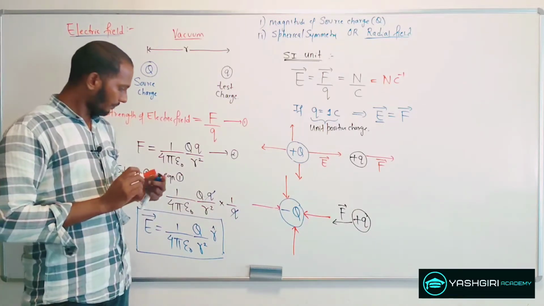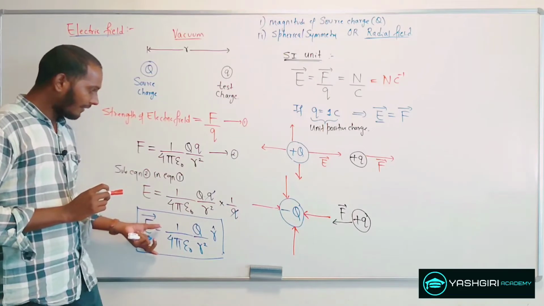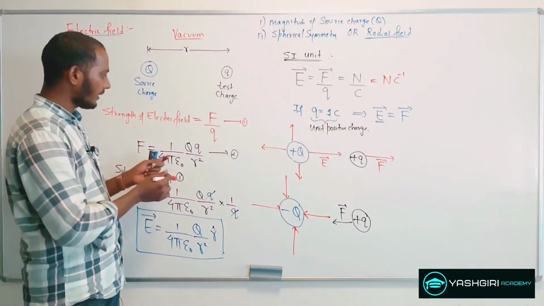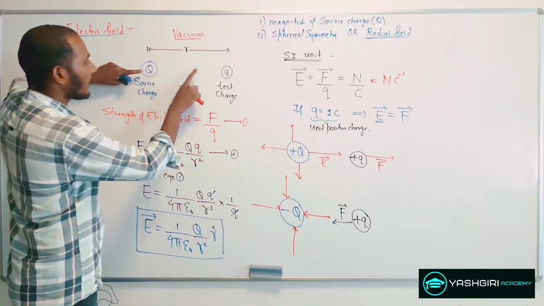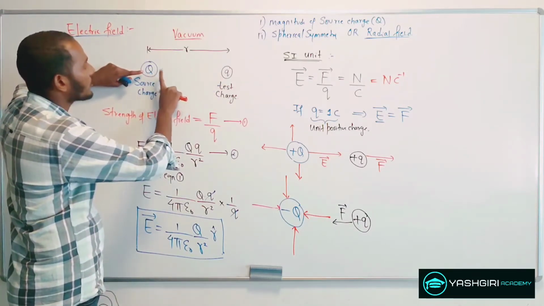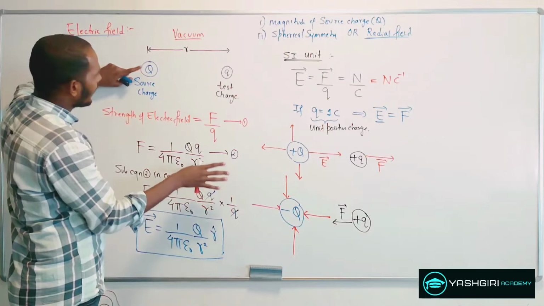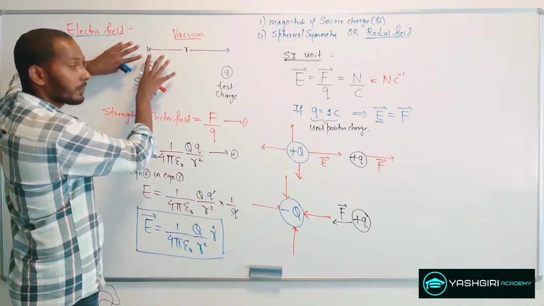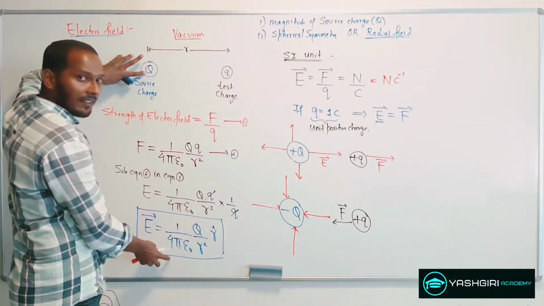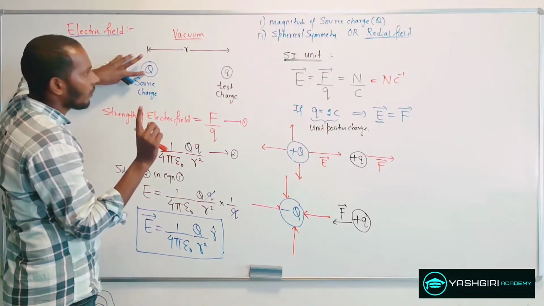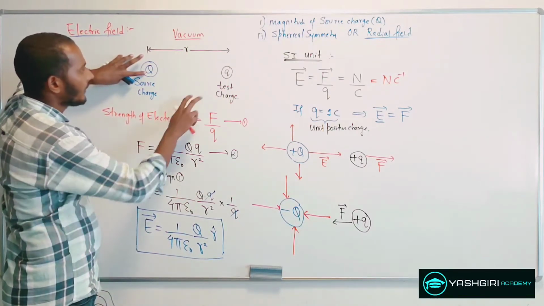Now here, when you see this electric field, this is a force, a Coulombian force, right? So both the charges will exert a force on each other. So till now what we have seen is the field produced by this capital Q. Now while defining this electric field, there is one very important point.